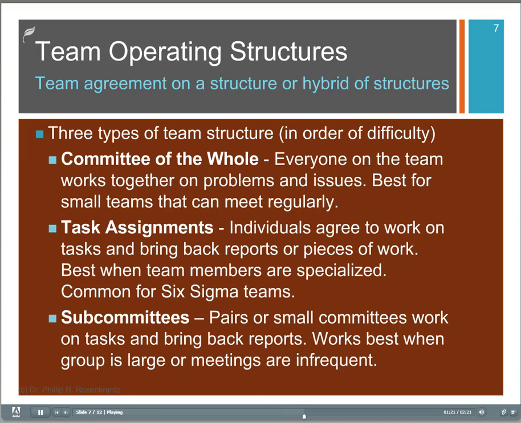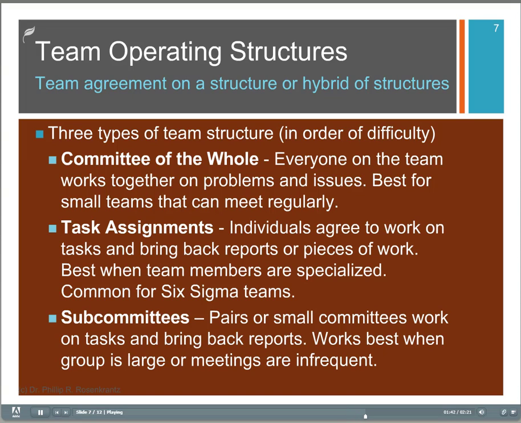But sometimes a team is larger, or its task is large, and so you have a subcommittee structure. And that's where you do meet together as a team, of course, but the work is broken up into subcommittees. The subcommittees operate and then bring back reports of their findings to the whole team.